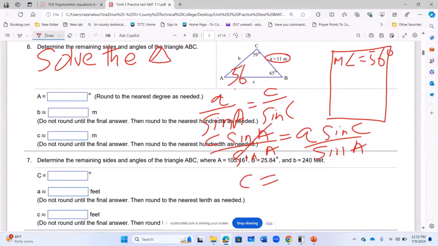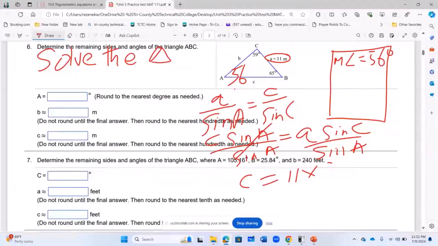So C, the side C, is A. What is my A? 11 meters. They told me my answer should be in meters. So 11 multiplied by sine C.